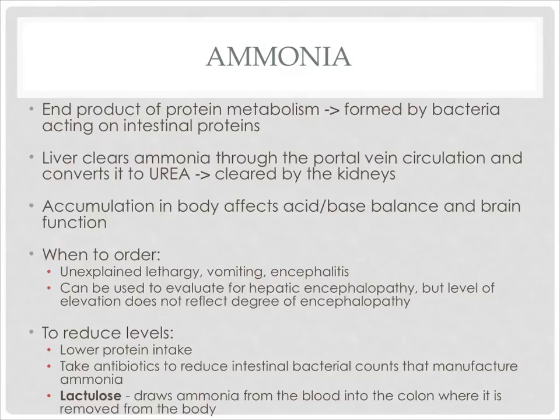In folks who are presenting with an acute encephalopathic event that you believe is related to hepatic encephalopathy, then the drug of choice here is going to be lactulose. And that works by drawing ammonia from the blood into the colon, where then it is removed through the GI tract. So that is going to be your drug of choice in folks who present with hepatic encephalopathy.